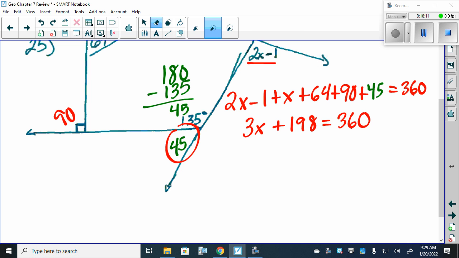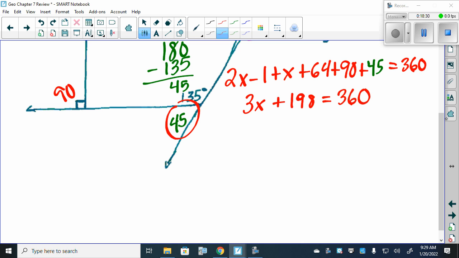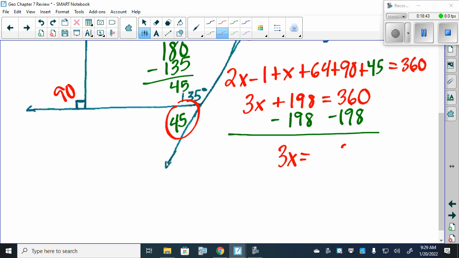Almost. Oh, yes, no, I got it right. Y'all agree with 198? Yeah. I was about to put 199 and realized I plugged in 91 instead of 90. Now at this point here, we can subtract 198 from both sides, which tells us that 3x is equal to 162.